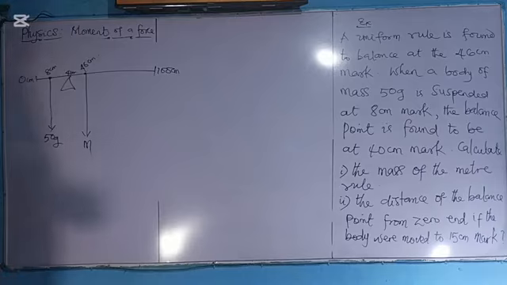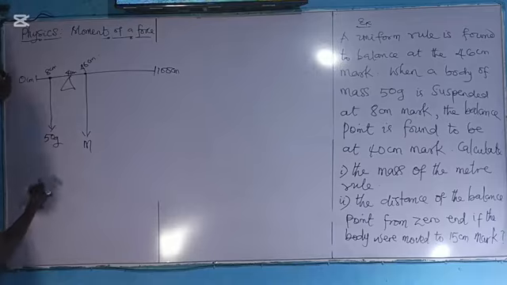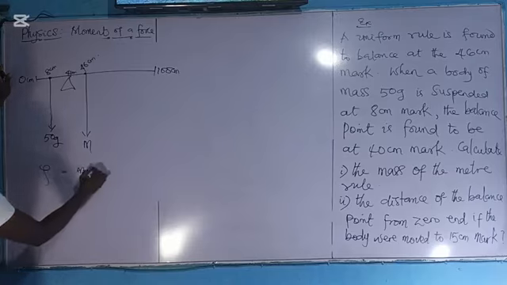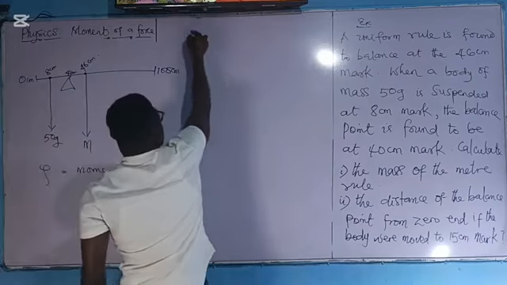Now, calculate the mass of the meter rule. At this very point, we are going to get the moment of 50 grams and the moment of M. Okay? I will be using rho to represent moment of a force. So we look for the moment of 50 grams.